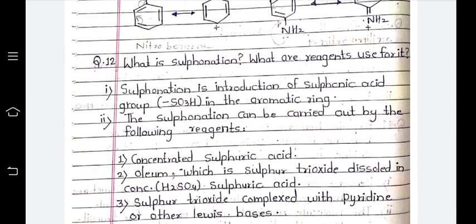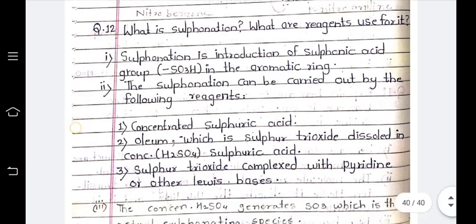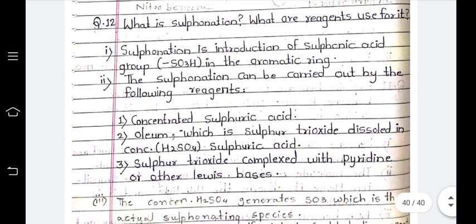What is sulfonation and what are the reagents used for it? Sulfonation means an SO3H group is added. Sulfonation is the introduction of the sulfonic acid group, SO3H, into the aromatic ring.